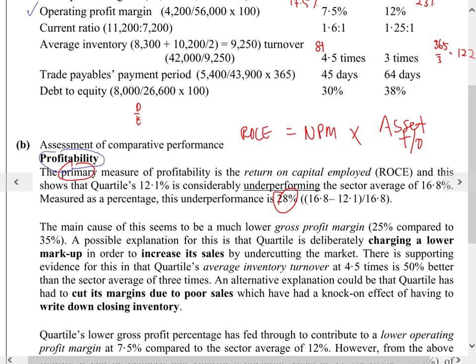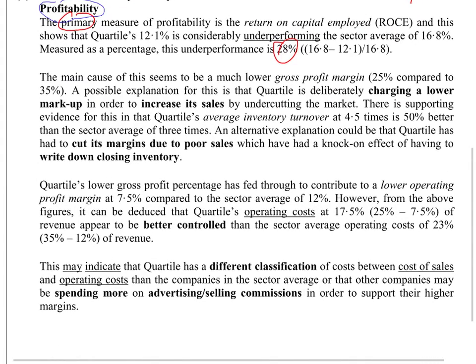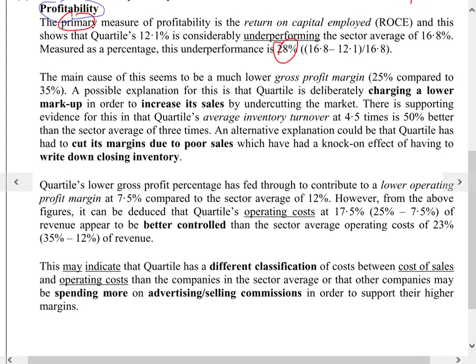An alternative explanation could be that Quartile has to cut the margin due to poor sales. Yeah, business has been dropping, so we have to cut our selling price. And because of the lower selling price, this will also impact the writing down of the closing inventory. Okay, lower closing inventory, lower profit. Next, lower GP fed through to lower operating margin, because when my GP margin is low, my net profit will of course be low.